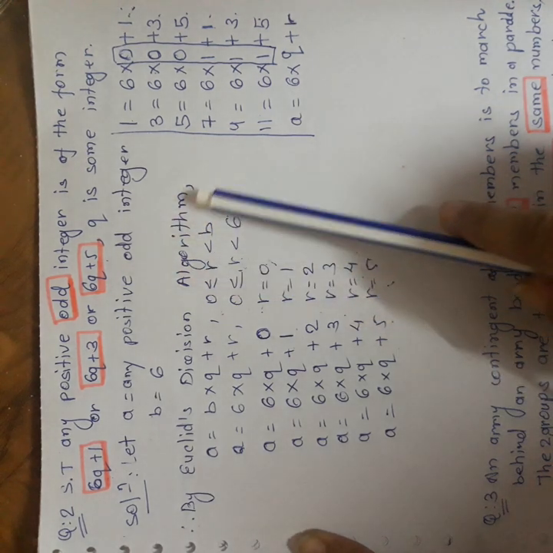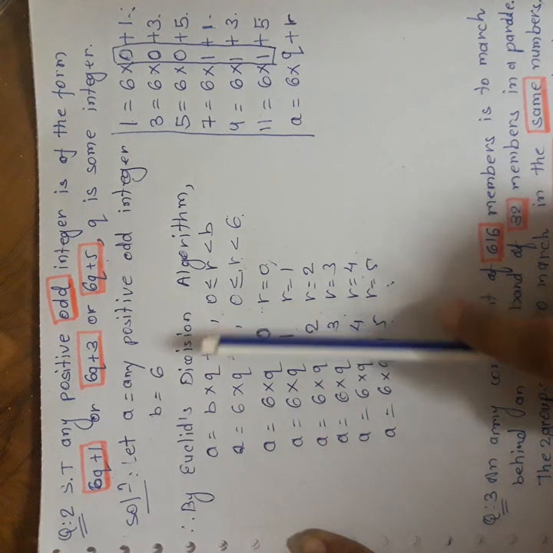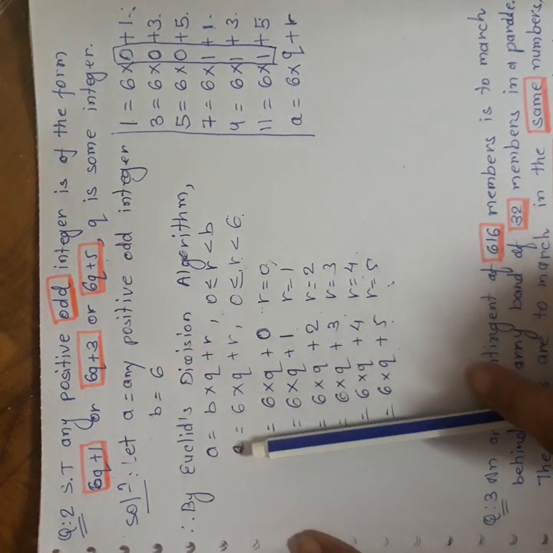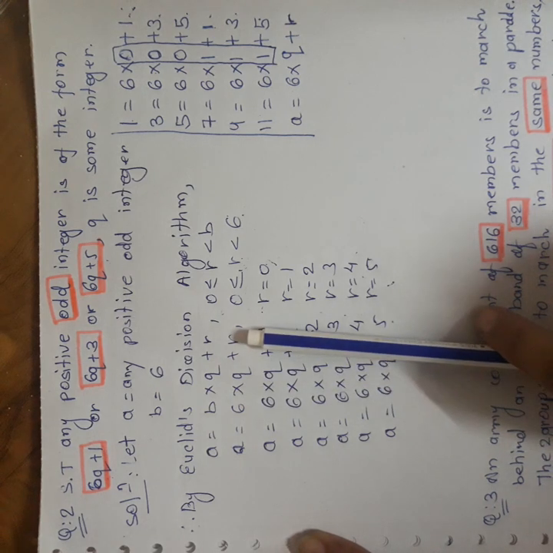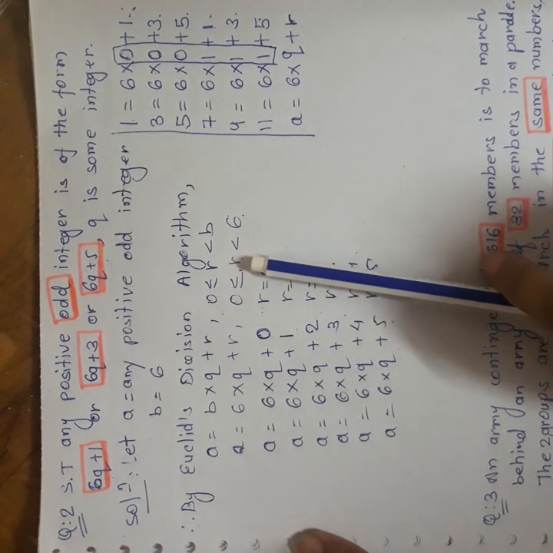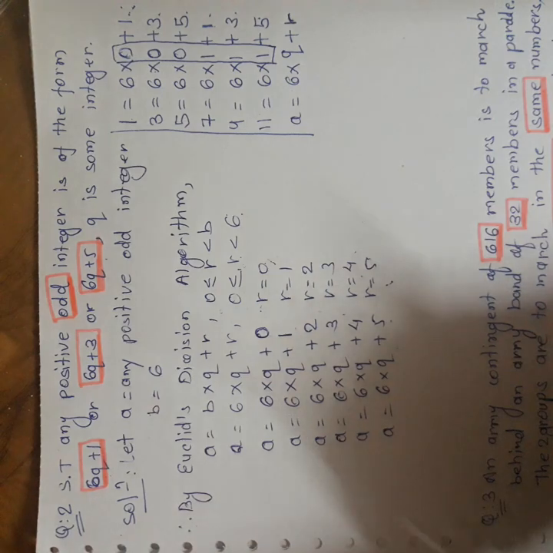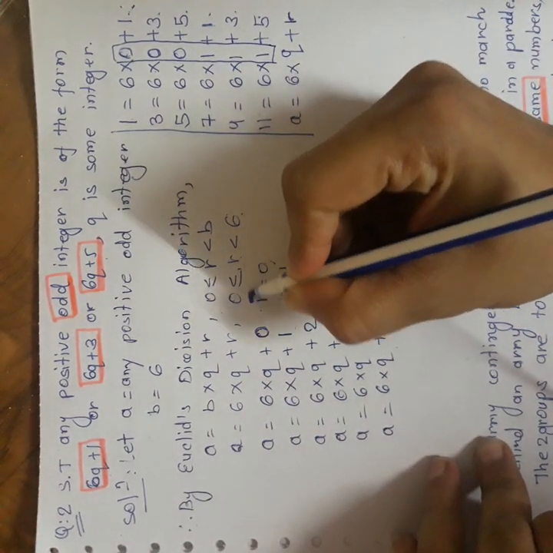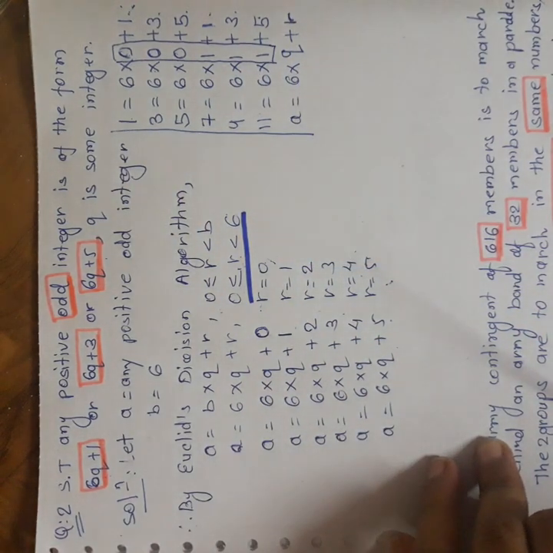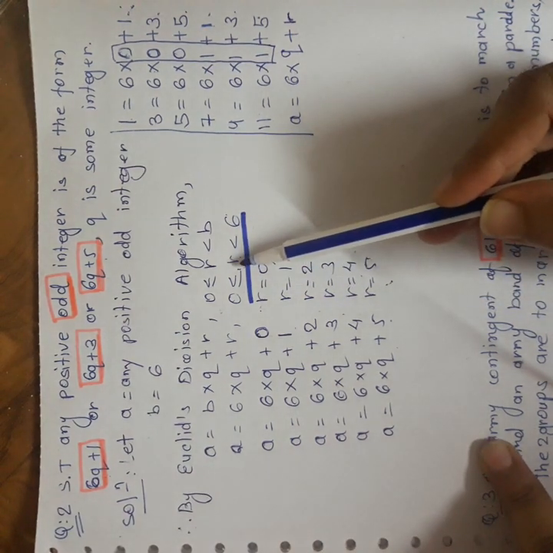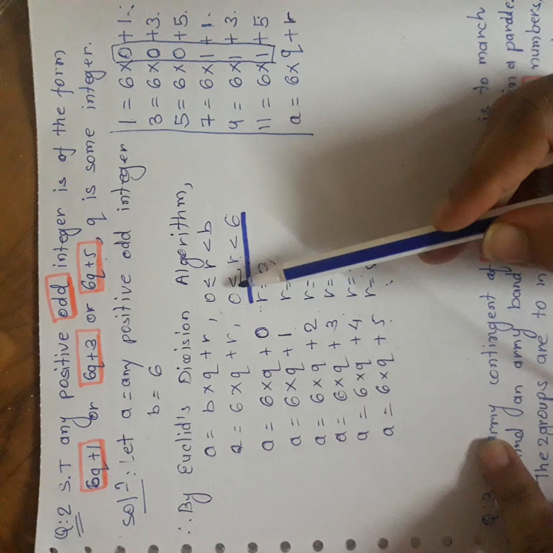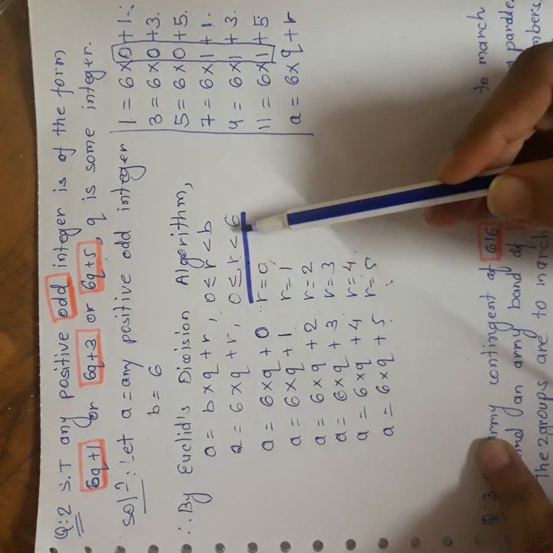Now put the value of b equals 6 in Euclid's division algorithm. So what we get? a equals 6q plus r, where 0 is less than or equal to r is less than 6. So friends, when I take this condition, 0 is less than or equal to r is less than 6, that means r takes values from 0 up to less than 6.